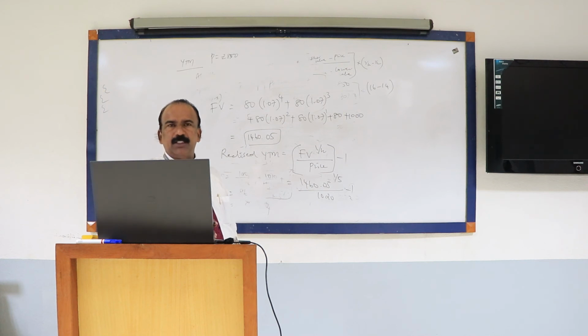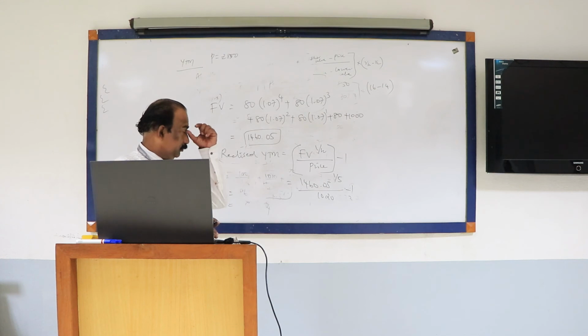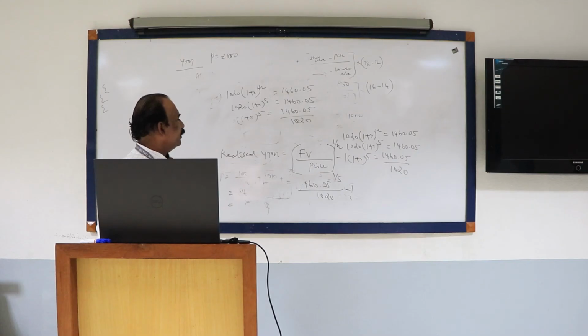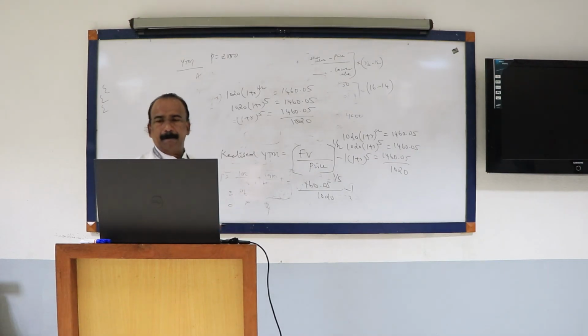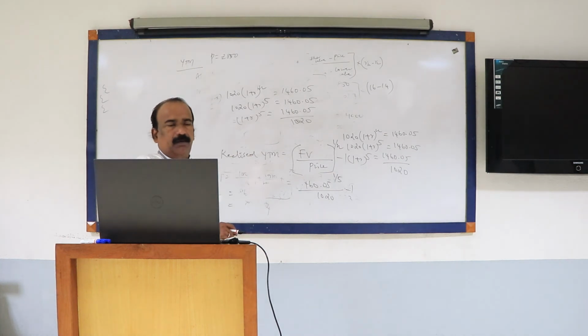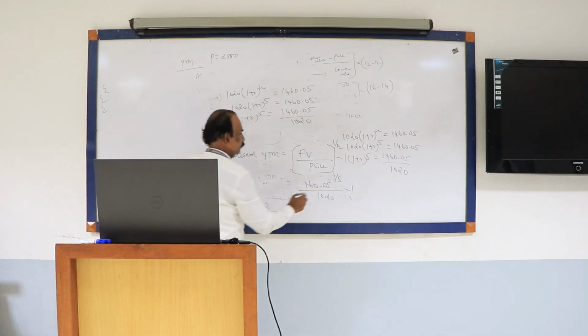Minus 1, minus 0.9957. Then multiply by 100. Then 99.5, divide by 1020. How much comes? 1.4314. 1.4314 power 1 by 5 minus 1.